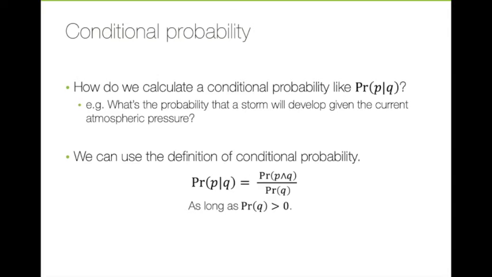One way to calculate a conditional probability is using this definition. The definition is given by a formula. It just tells us that the probability of P given Q is equal to the following ratio: the probability of the conjunction of P and Q over the probability of Q. And we can use this formula as long as the probability of Q is greater than 0. With that ratio, we get a numeric value for the probability of P given Q.